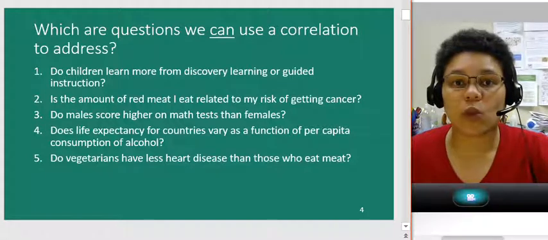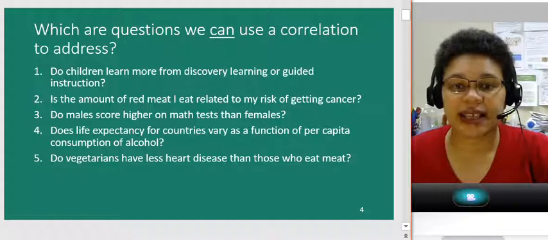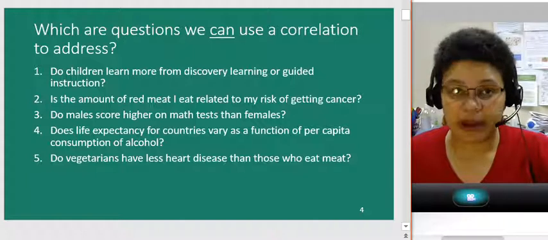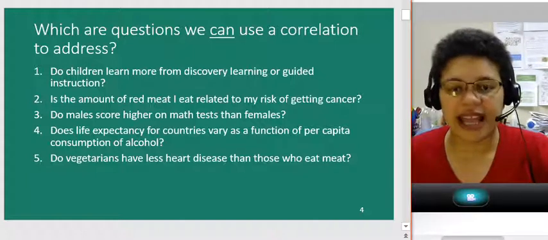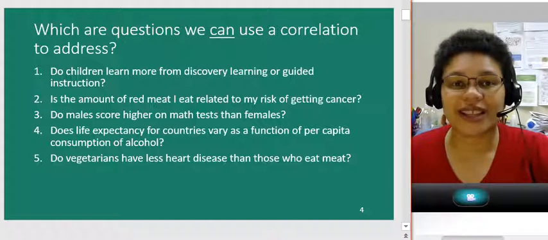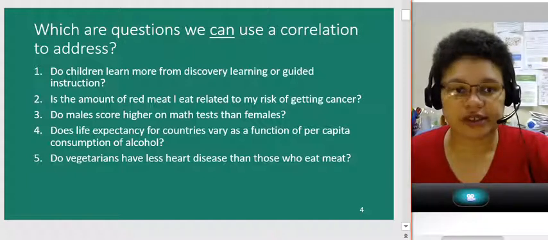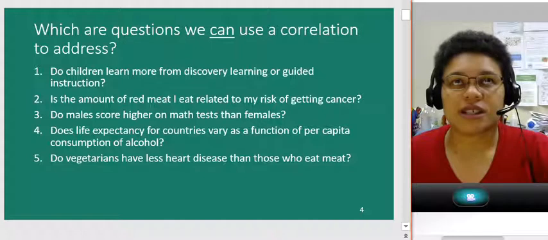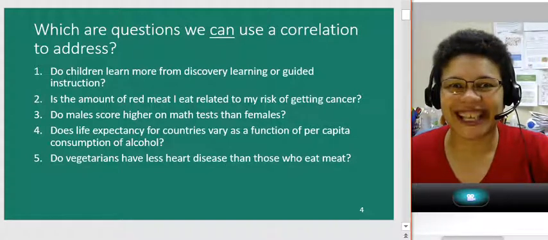Let's say that our null hypothesis is that eating meat does not relate to heart function. Our alternative hypothesis or research hypothesis is that eating more meat relates to heart function. Or let's say the more meat you eat, the harder your heart is going to have to work.